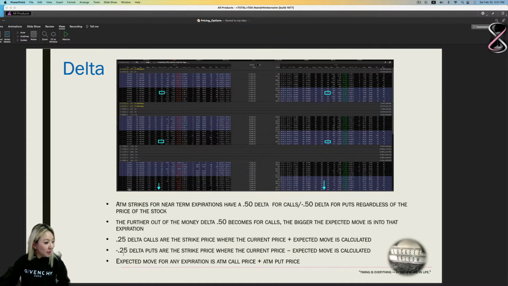So look, 0.25 calls are the strike price where the current price plus expected move is calculated. And then negative 25 for the delta puts, right? Expected move for any expiration is an at the money call price plus at the money put price. Does that make sense?